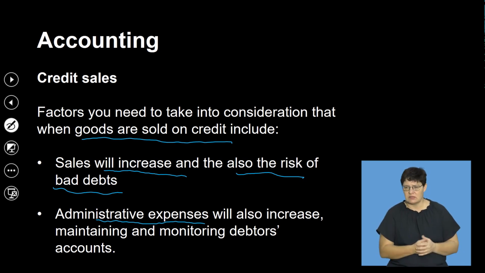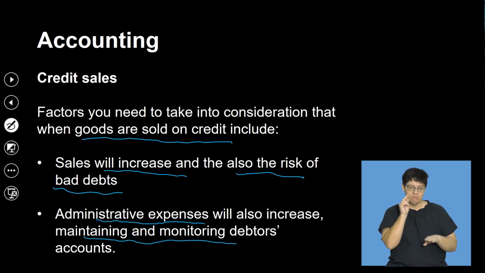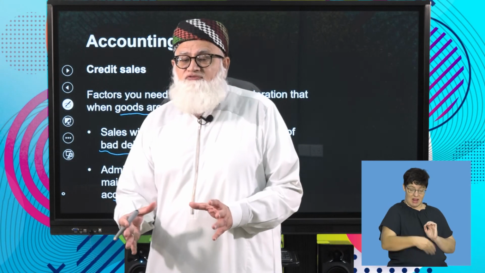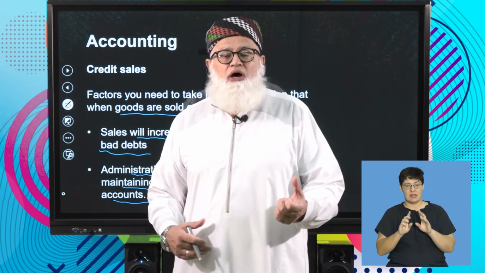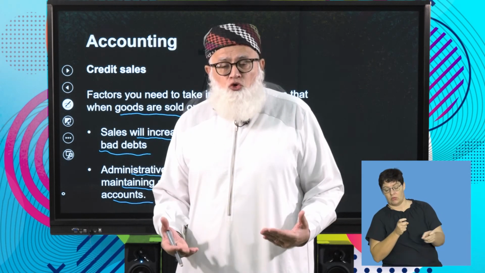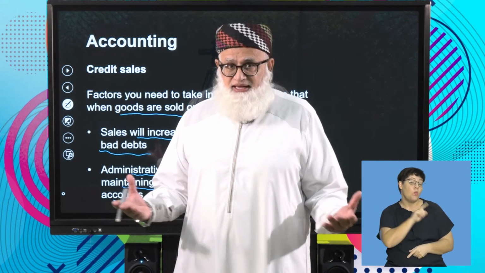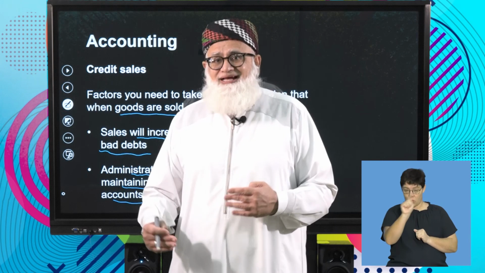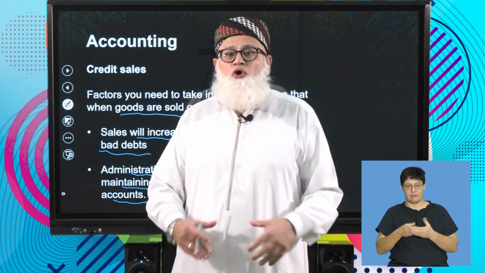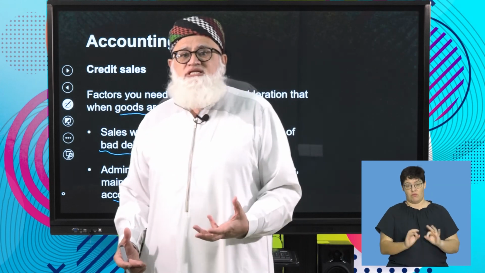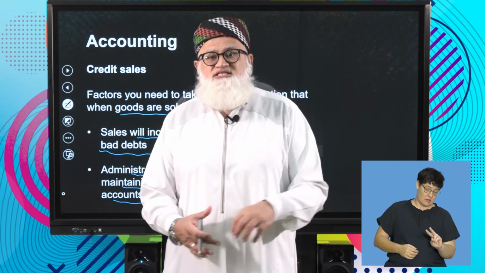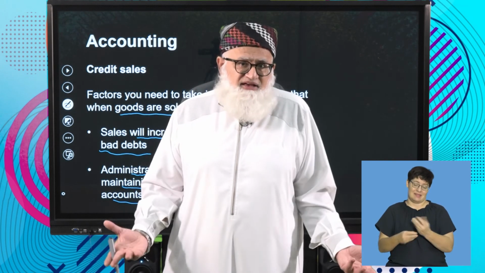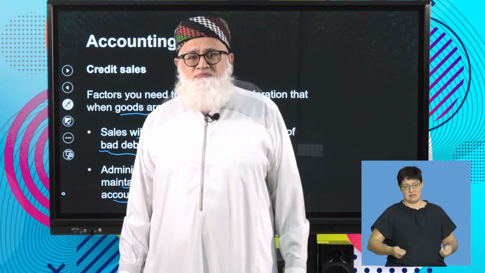Like what? You'll also have to maintain and monitor the debtors' accounts. Once you sell on credit, you'll have to establish a credit department, which will control our debtors to ensure that all the items and procedures for those buying on credit are taken care of. From a business perspective, you're now establishing a credit department, which means more personnel and definitely an increase in your administrative expenses.